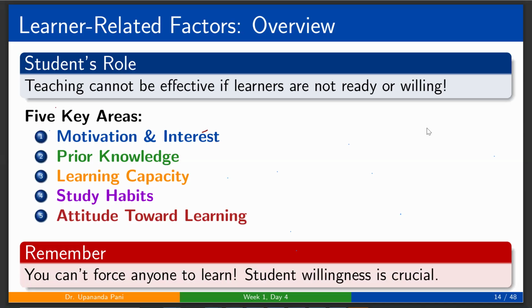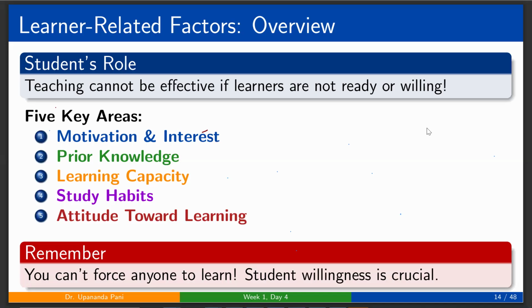But if my students, who are the most important and very precious, are not ready or not willing, then how will I teach them? Definitely, without learners, teaching cannot be effective. So let us understand what the important learner-related factors are which will make the teaching effective.